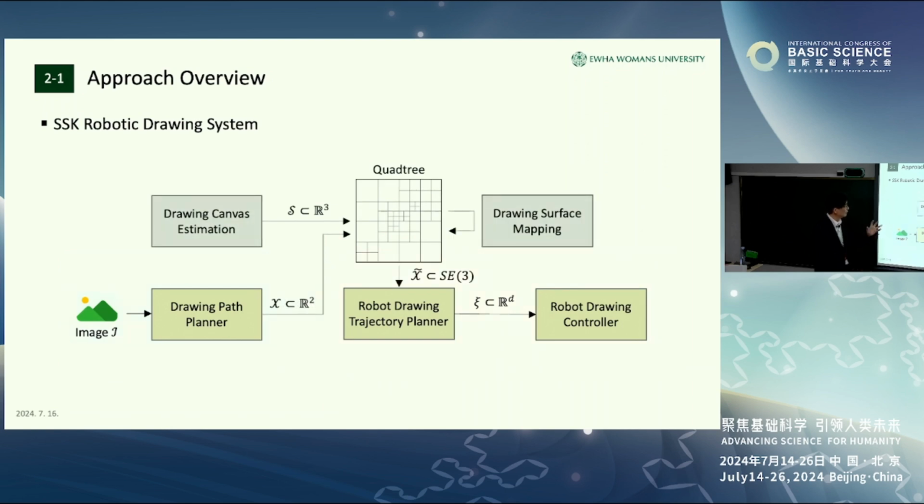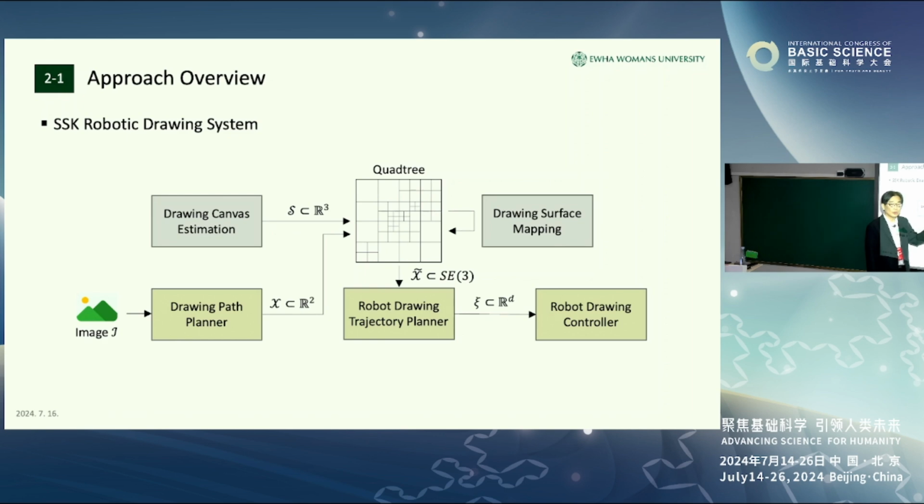And then, of course, you have to figure out the canvas geometry, right? That is canvas estimation. And in our case, this estimated canvas will be stored in quadtree type data structures. Then this path planner can execute on that canvas estimation. But now you have a path and you have 3D geometry, and you have to somehow map this 2D drawing onto 3D.